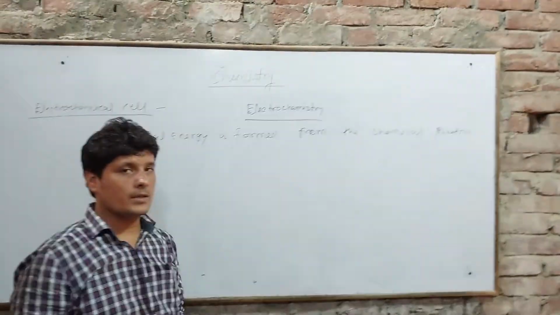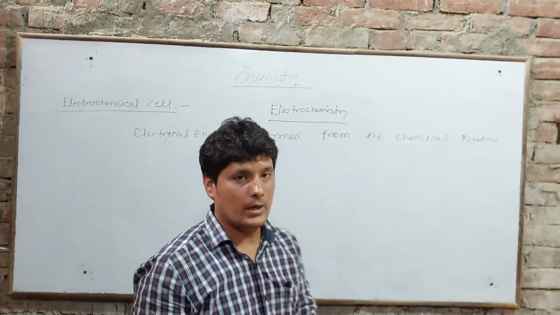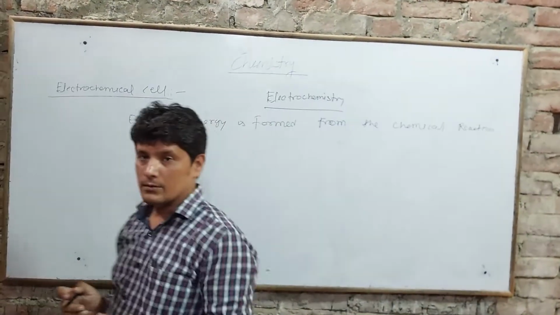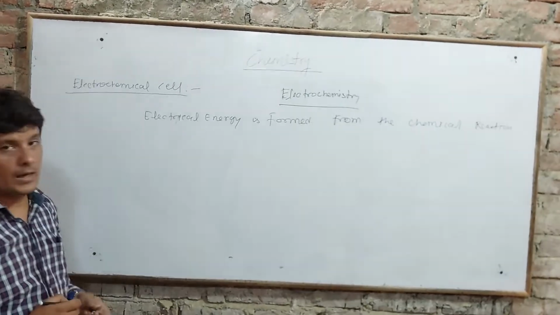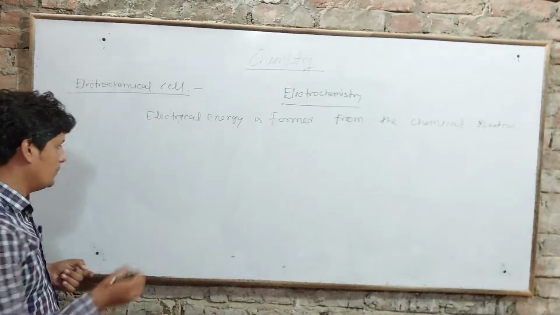In other words, we can say the electrochemical cell is a device which converts chemical energy into electrical energy. This electrochemical cell is also known by other names.